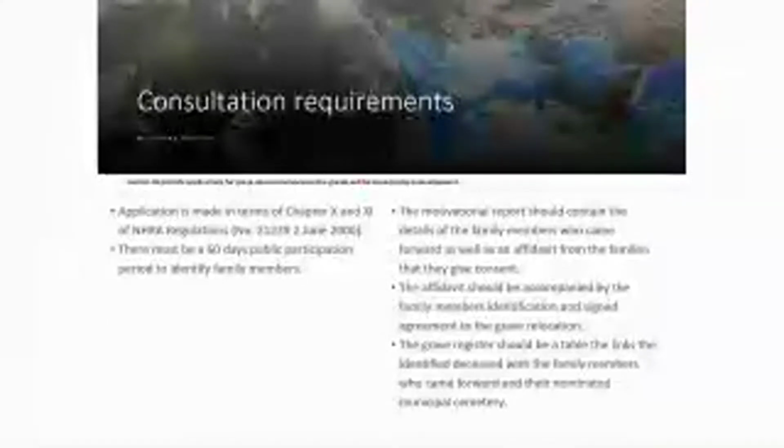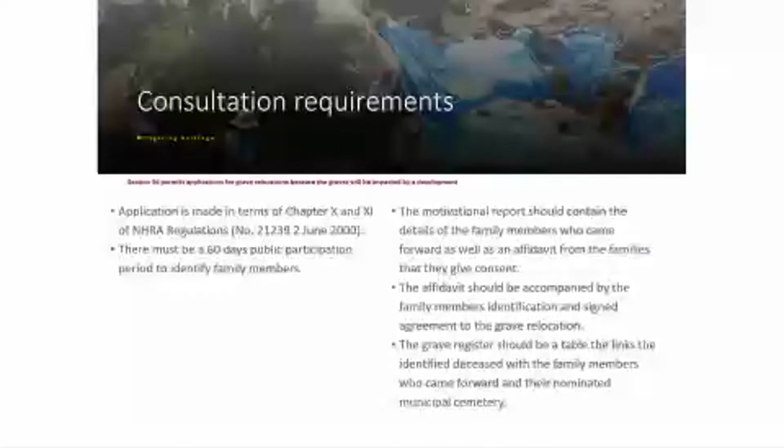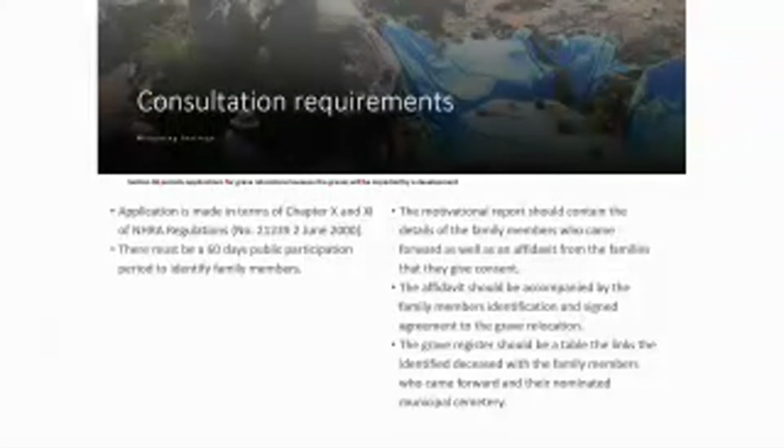Currently, we work on the families having an affidavit to state that they are the legal family responsible because they are the claimants. For example, we do not require any further investigation because that currently is not stipulated within our act.